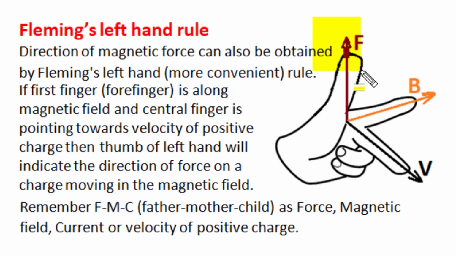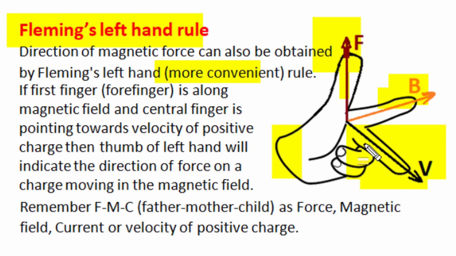The direction of magnetic force on a moving charge can also be obtained by Fleming's left hand rule, and this law is also more convenient than the corkscrew rule. In Fleming's left hand rule, we have to stretch the thumb, forefinger and middle finger mutually perpendicular as shown in this diagram, and the forefinger is aligned along the direction of magnetic field, and then the left hand is twisted by wrist, elbow or shoulder such that the central finger gets aligned with the direction of motion of a positive charge.